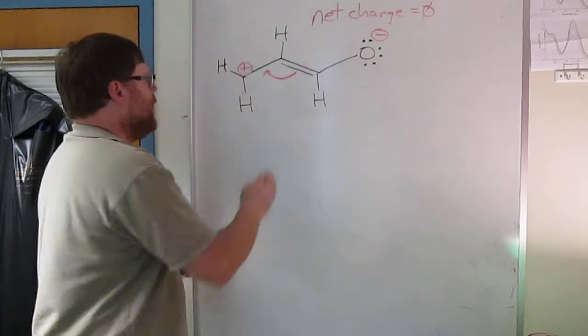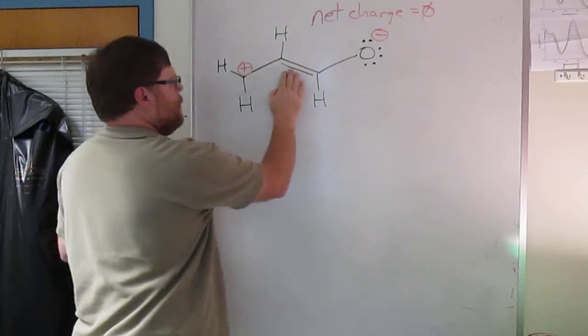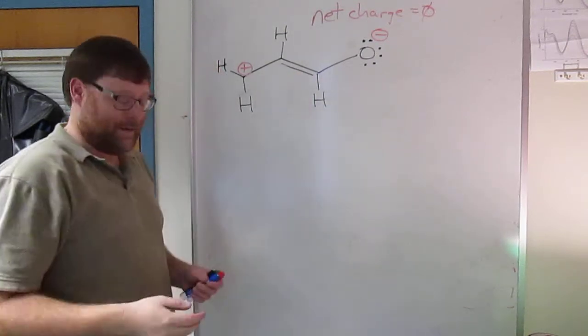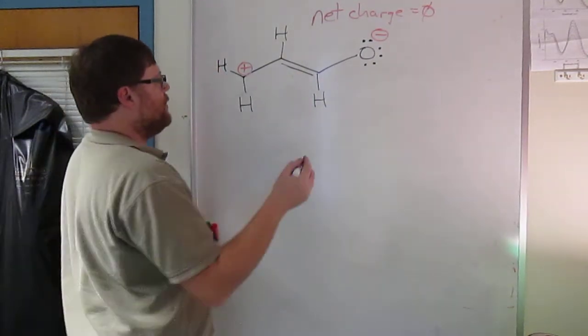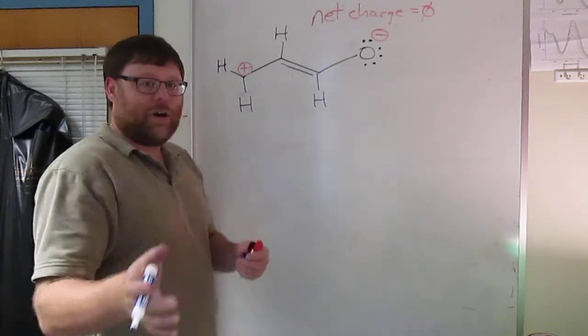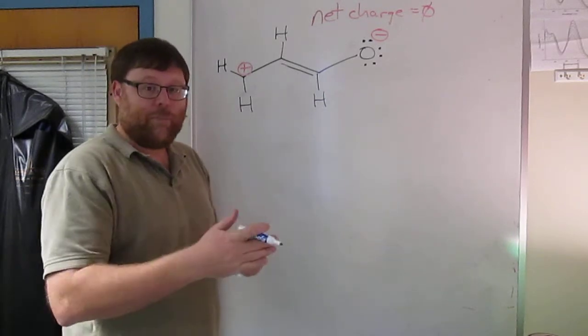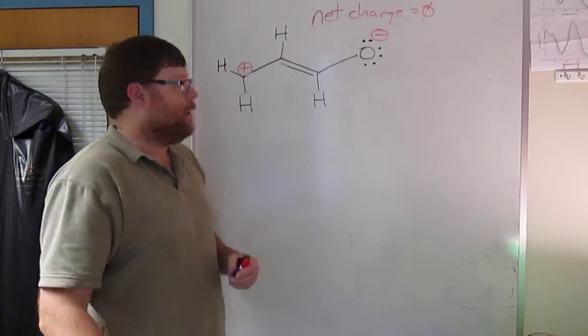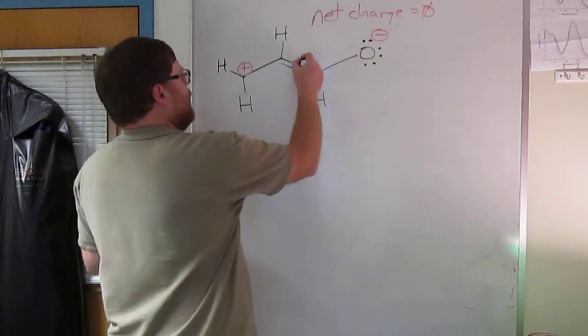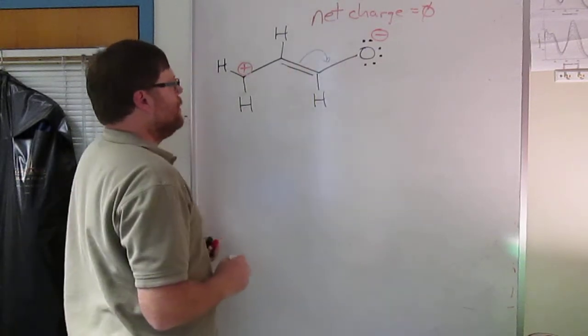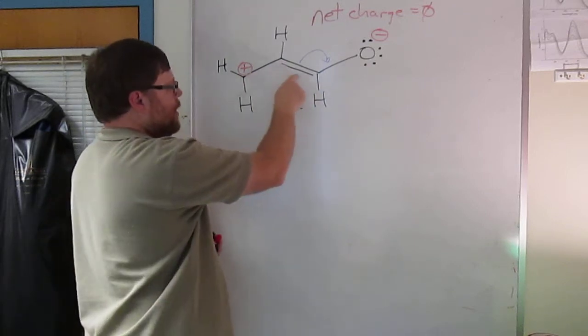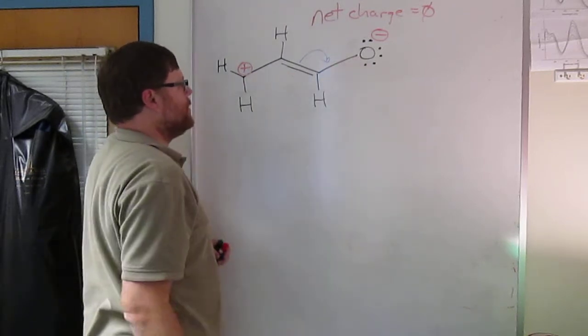A really common error people make is to violate the octet rule. For instance, you pretty quickly learn that you can move pi bonds around and you can move lone pairs around. So people will say, okay, I'll just move this pi bond. I'll move the pi bond between two carbons to between two oxygens and see how that works.